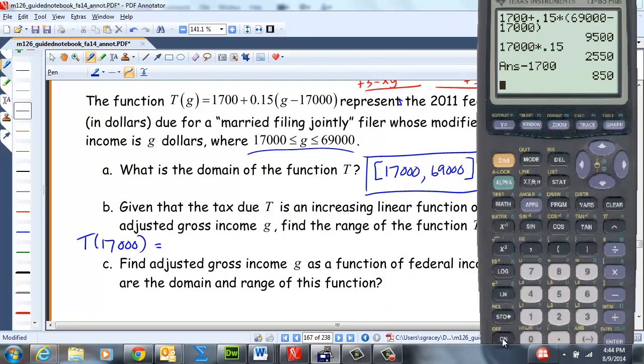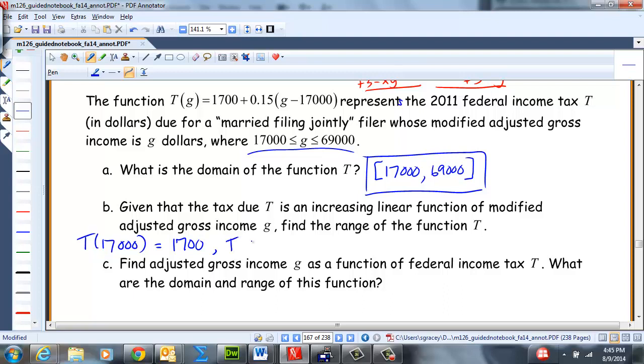So we'll have 1,700 plus 0.15 times the quantity 17,000 minus 17,000. Enter. So you get 1,700.